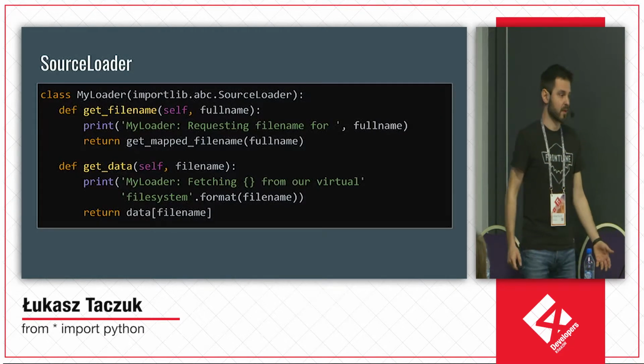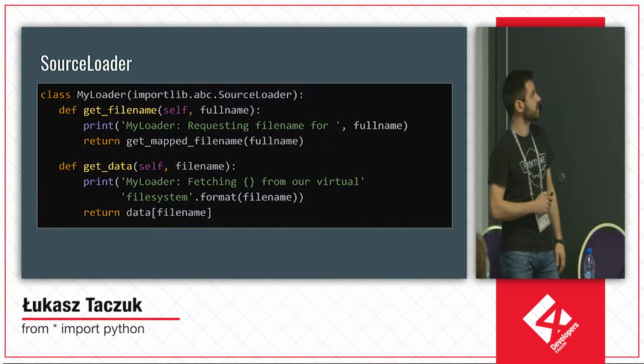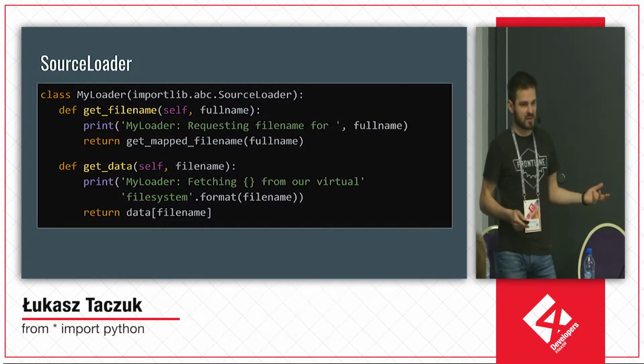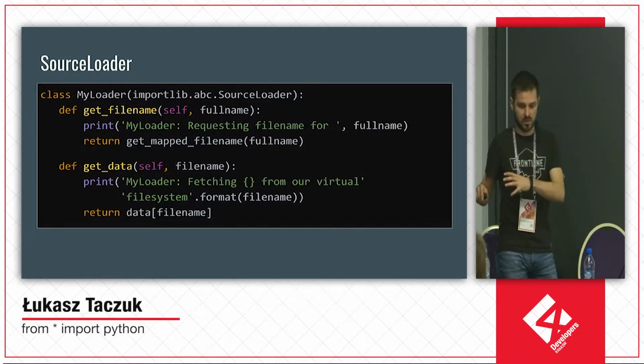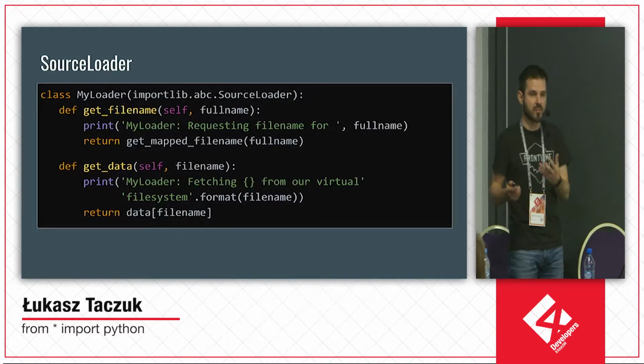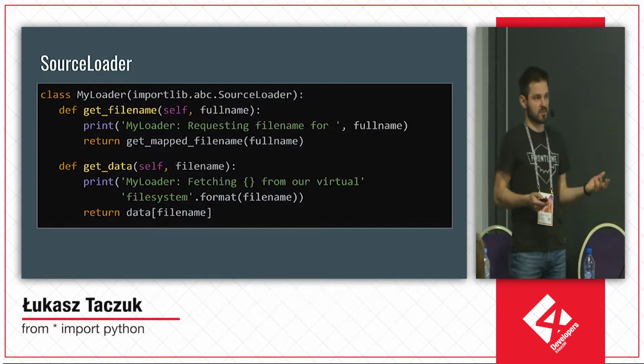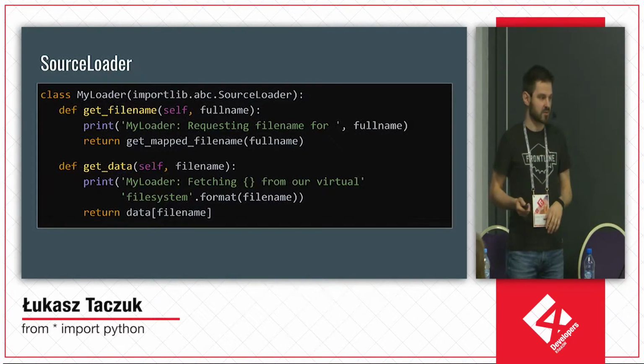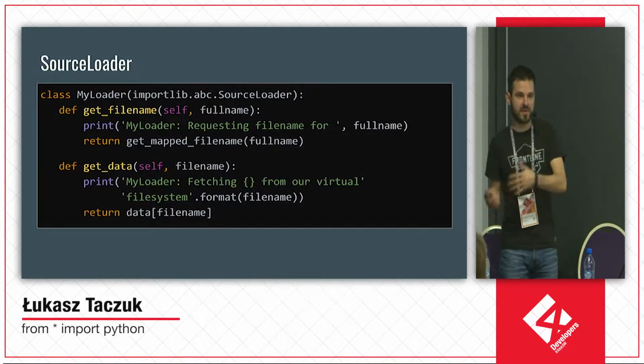How does it look? Well, you have the get file name method. So you have to implement it yourself somehow. You have to check in your own directory or in the memory whether you have a dunder init.py file. If you have, then this is a package.